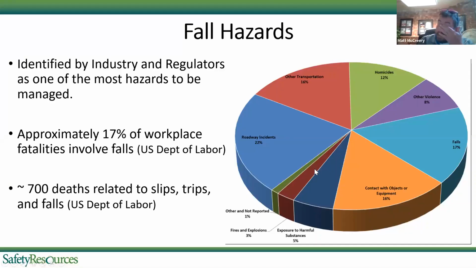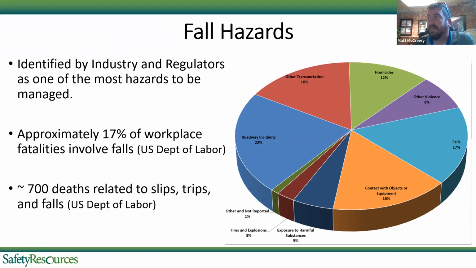So steep slope roofing is defined as any roof system that's greater than 4:12. I know I'm preaching to the choir. I know everybody knows this. But if you look at some of the stats as far as workplace fatalities, 17% of workplace fatalities involve falls, and around 700 deaths are related to slips, trips, and falls.